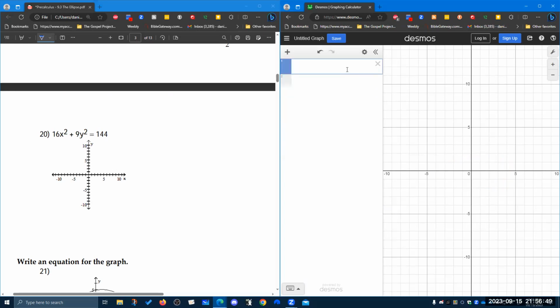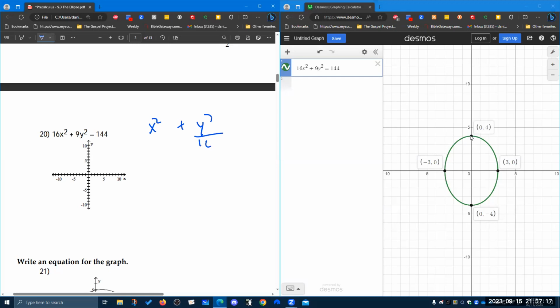Let me just show you that I can type this in as is without solving it first. 16x squared plus 9y squared equals 144, and Desmos will take care of this for me. So that tells me that my major axis is in the y direction. 4 times 4 is 16. 3 times 3 is 9, like so.